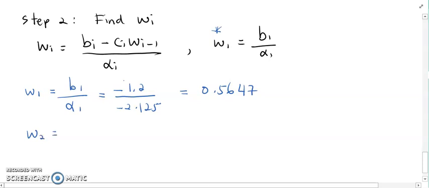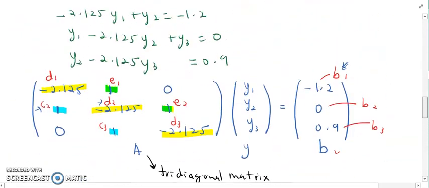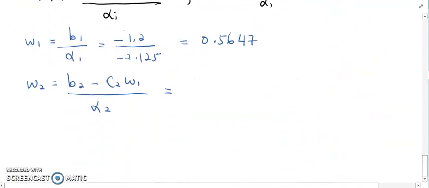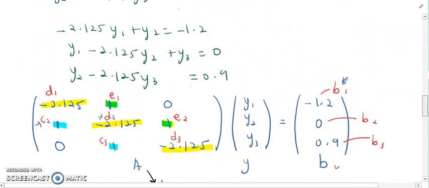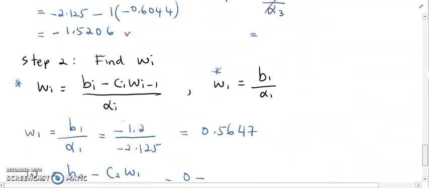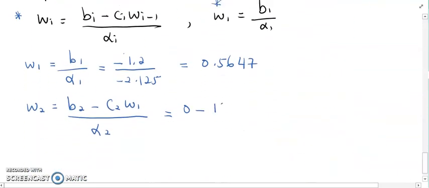Next, find the W2 value. To find W2, please refer to this formula: B2 minus C2 W1 over alpha 2. B2 is 0, so 0 minus C2, which is 1, times W1, which is 0.5647, over alpha 2.